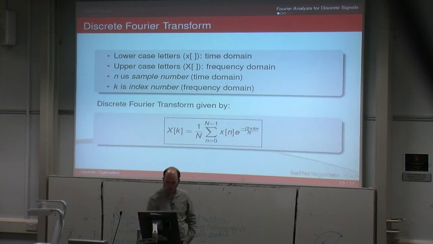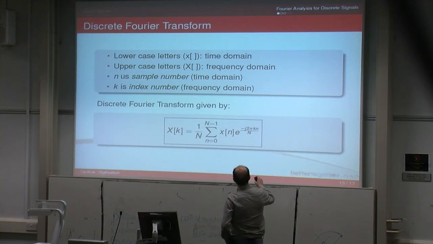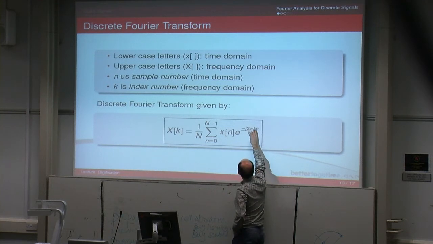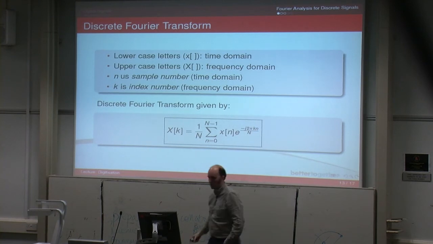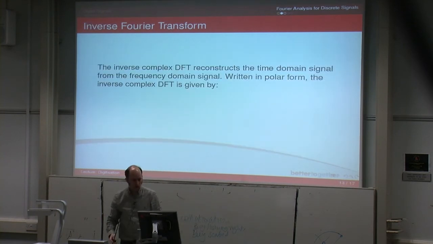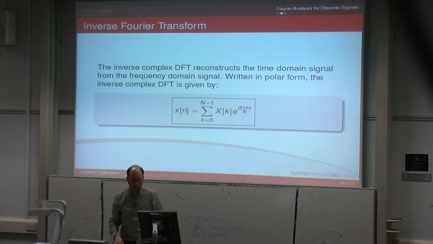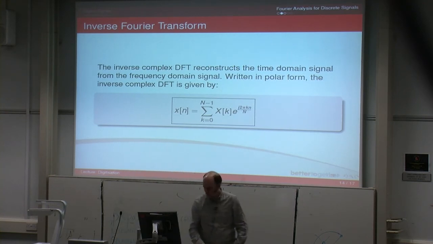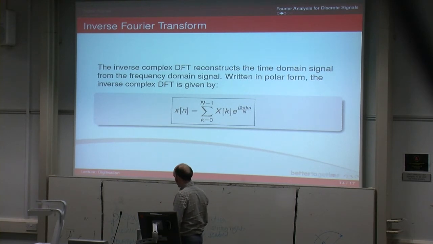And that's the equation. It's a little bit similar. We've got a 2 pi divided by n and multiplied by k in there instead of omega, but it's the same sort of thing. And then obviously you can go the other way using the inverse of that. That's called a discrete Fourier transform, because it deals with discrete signals.